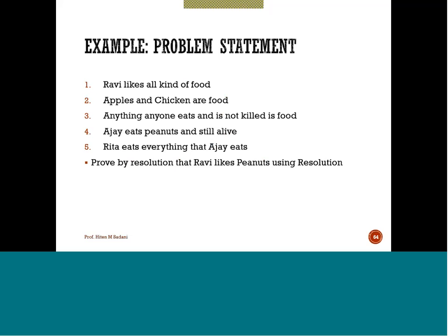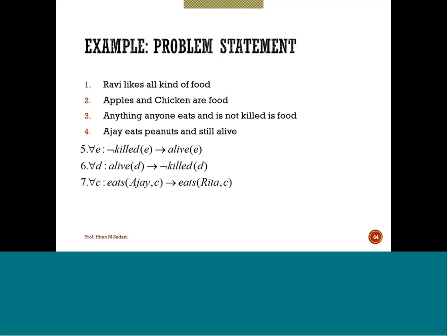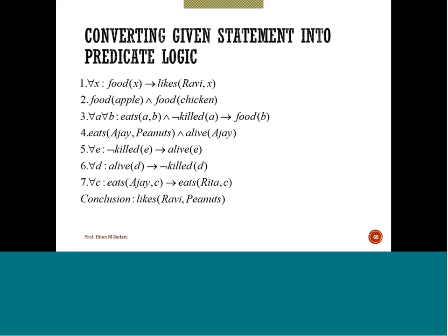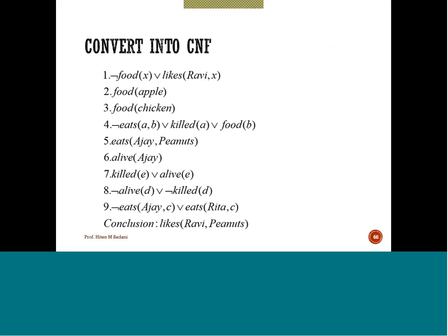Here, instead of John, Ravi is there. Ravi likes peanuts. The same thing you can convert here, but something different like the not killed and alive statements I have written more here. I replaced that in this example because there are many statements and you might not understand all the things.